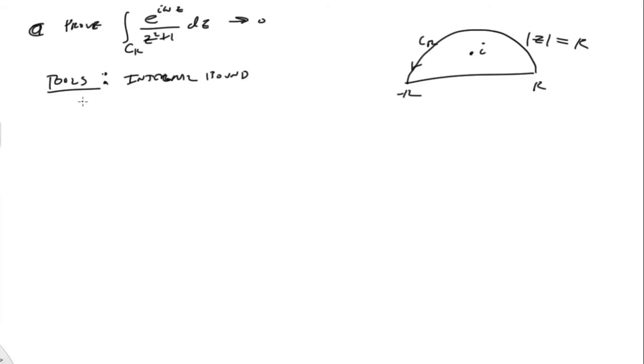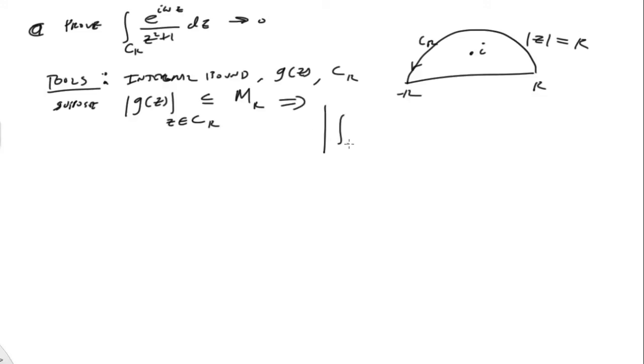Let me talk about what that is again. In general, if I have some function g of z and a contour C, suppose the modulus of g of z, for z on our contour CR, is less than or equal to M_R, which may be parameterized by capital R. Then, as we've seen before, the modulus of the integral is less than or equal to M_R times L, the arc length of CR.